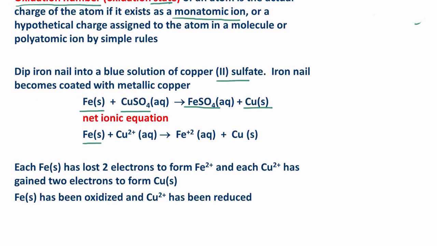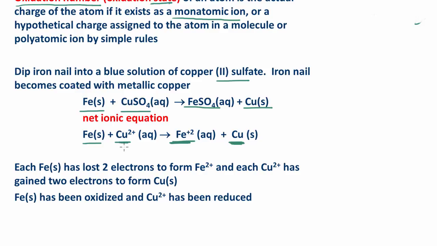We have solid iron, and it has lost 2 electrons to form the iron 2 ion. And the copper 2 ion has gained 2 electrons, and it becomes solid copper. So the electrons have been transferred from the iron to the copper 2 ion.